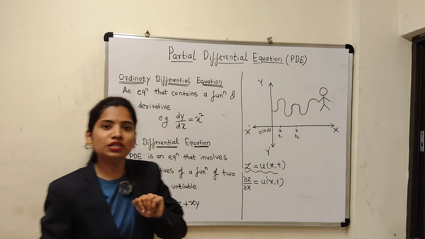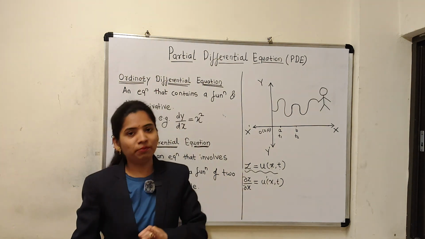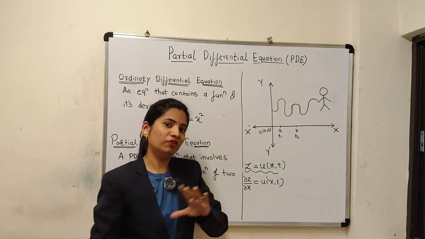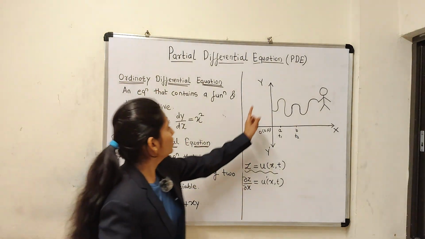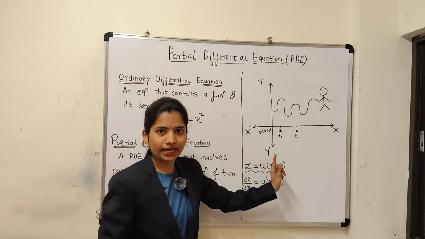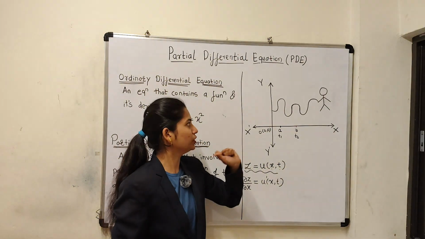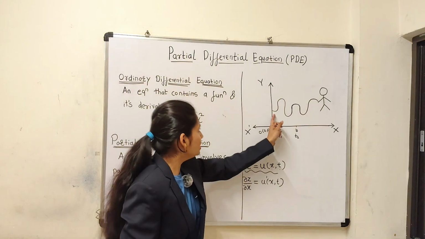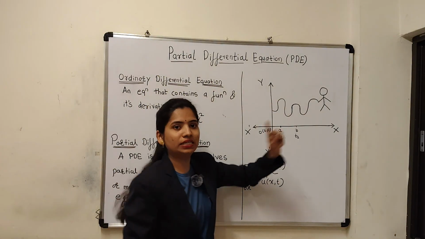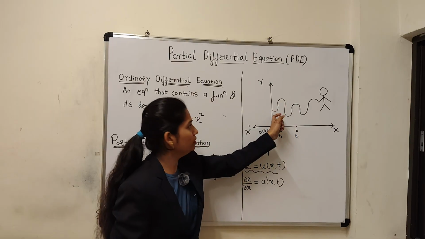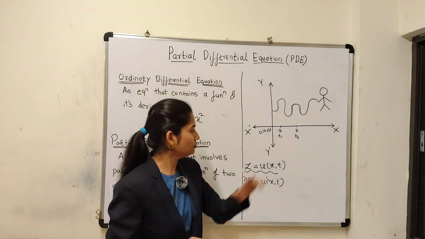To understand independent and dependent variables better, let's see a graph. Here x is the x-axis, here is the y-axis, and this is the origin. Here a man is standing holding a flexible string fixed at one end. Once he starts rolling it, what will happen?